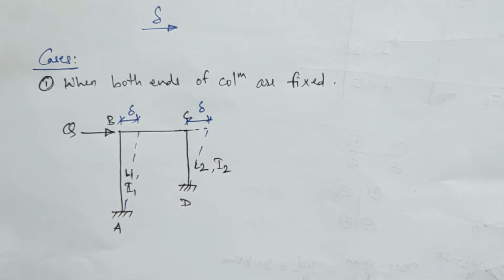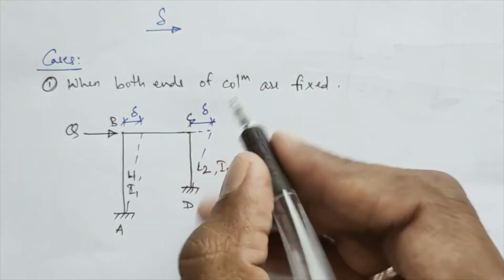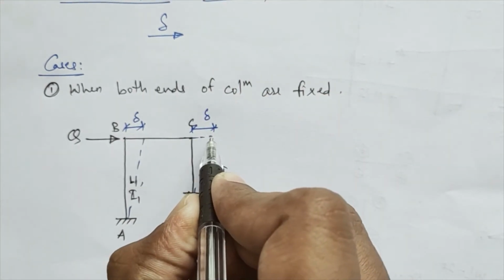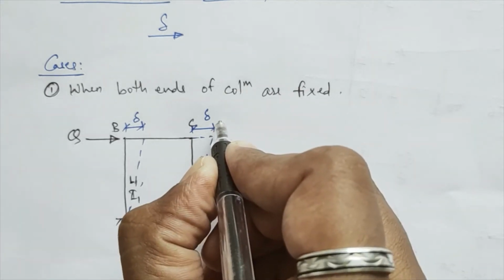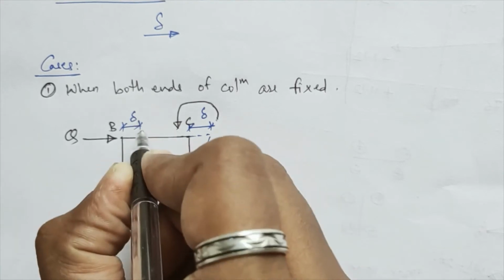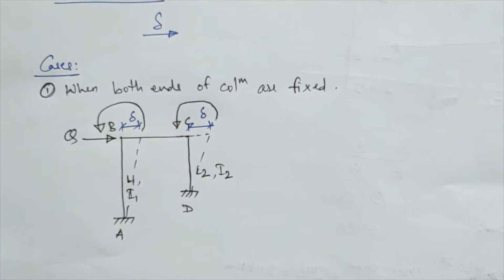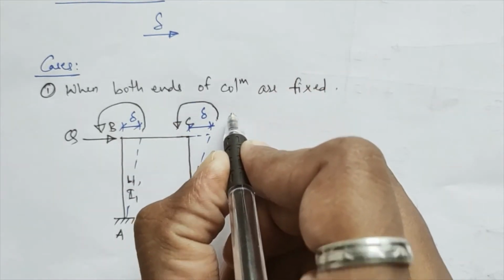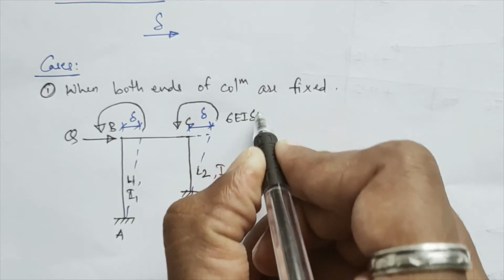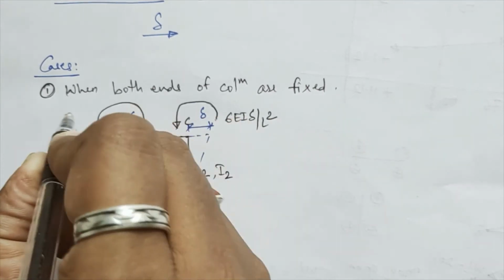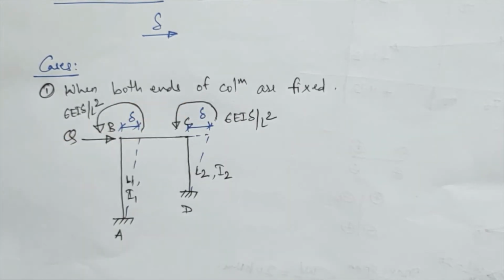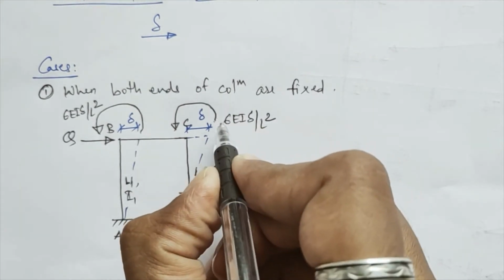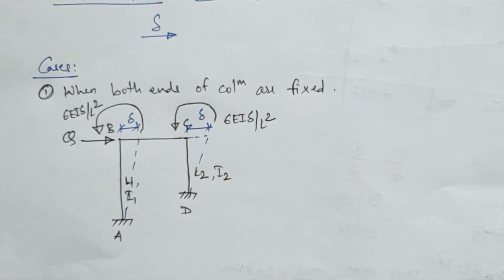As per our previous conventions, due to this swaying effect, translation rotations are induced at joint C, and also at joint D. The amount of this is 6EI delta upon L square, and for this also it is 6EI delta upon L square, irrespective of sign conventions. I am not noting sign conventions here, but you can just write the value 6EI delta upon L square.